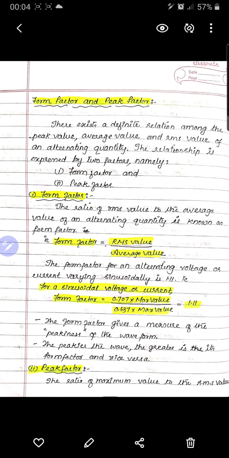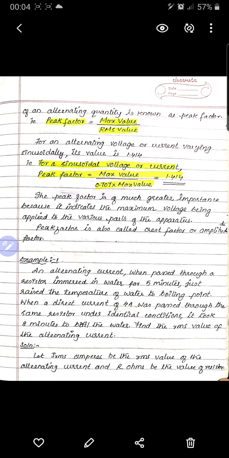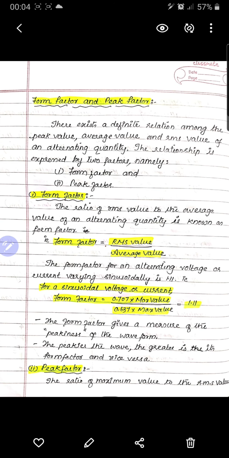Sometimes in the exam we can see: prove that the form factor of a sinusoidal wave is 1.11 and peak factor is 1.414. So you need to remember this. Form factor gives a measure of the peakness of the waveform. Next is peak factor.